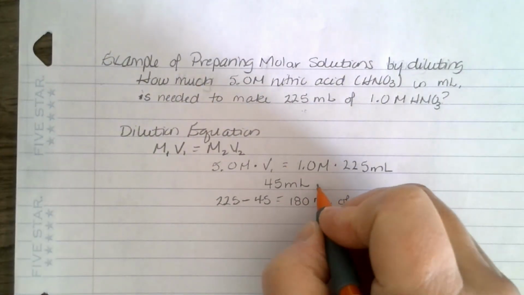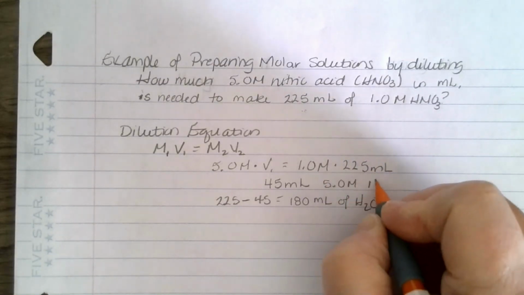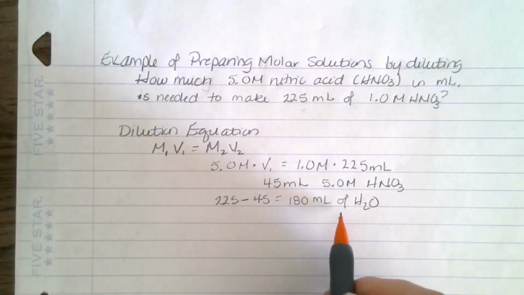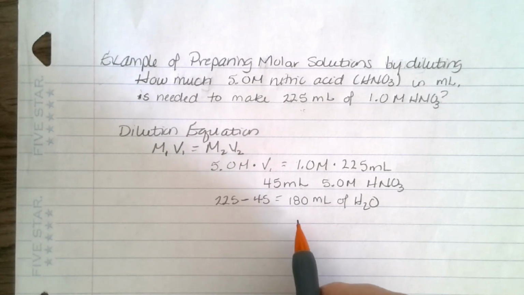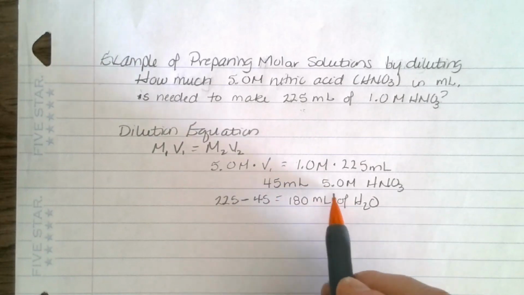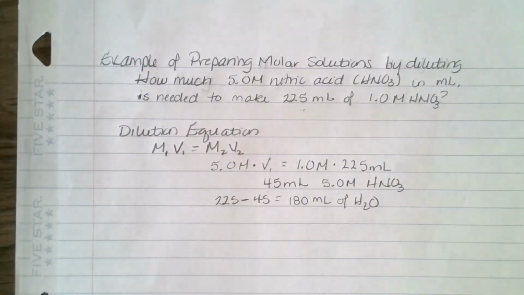So I would put 180 milliliters of water into a beaker or Erlenmeyer flask, and then I would add 45 milliliters of this 5.0 molar nitric acid to that 180 milliliters, because you always add acid to water. You never add water to acid. You always add acid to water to get that 225 milliliters of solution.